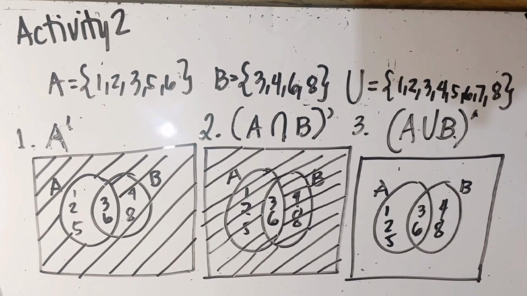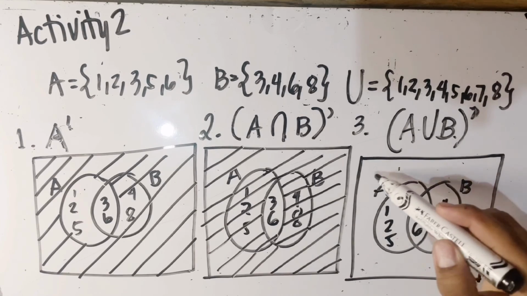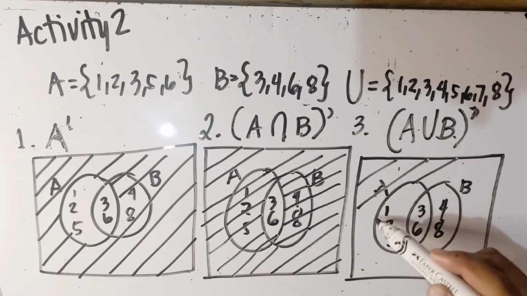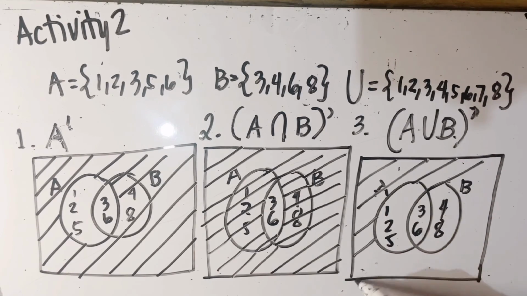Next, the union of A and B. So if this is circle A and this is circle B, this part is the union of A and B. Because we have a complement symbol, it means this part will not be shaded and the shaded part will only be the outside part. So this will be the figure.